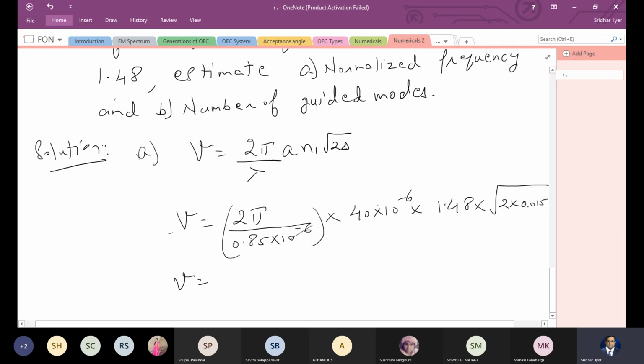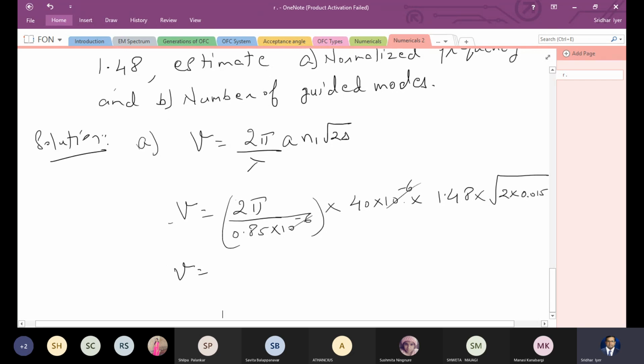So 10 raised to minus 6 and minus 6 cancels.